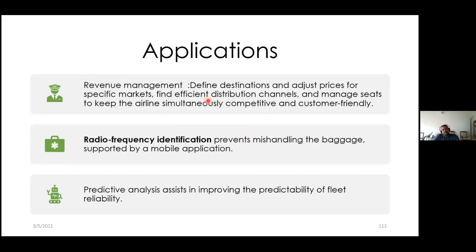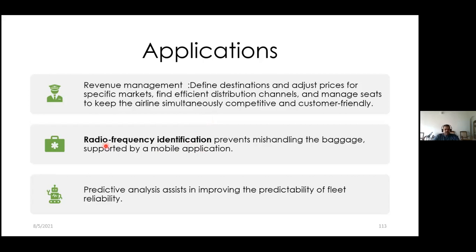They look at specifics for specific seasons, right? Distribution channels, managing of seats, bookings, airlines competing simultaneously, and how to make it more customer friendly as well, right? You can use these tools to come up with very unique models.